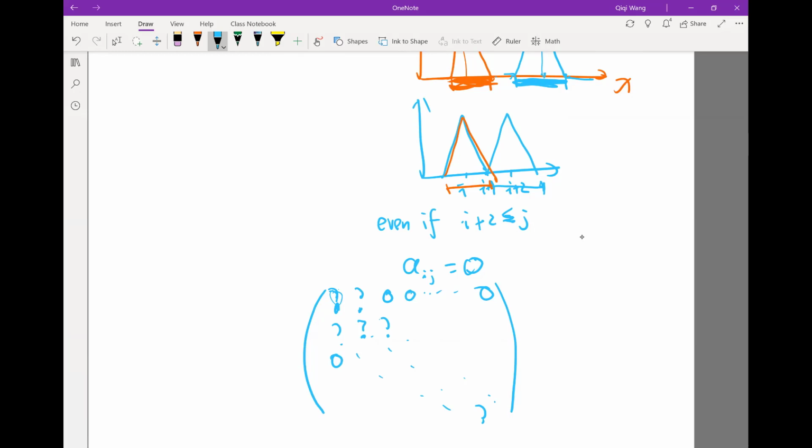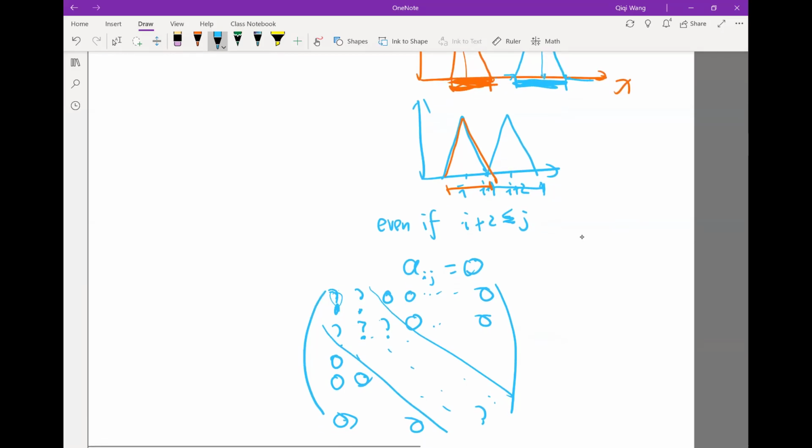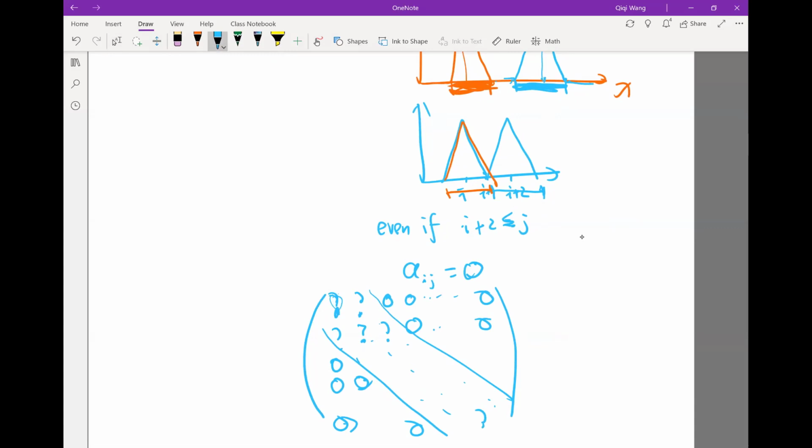But as soon as I have two elements shifted, I know it's a 0. So basically you have three diagonals, a tri-diagonal matrix. You have three diagonal bands that could be non-zero. Away from these three diagonal bands, all the Aij's are 0, exactly because the basis functions don't even overlap if they are two nodes apart or more.